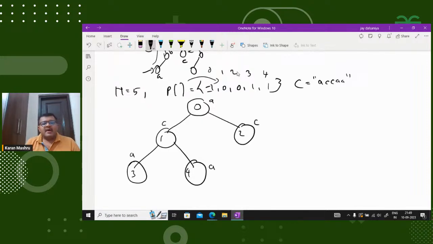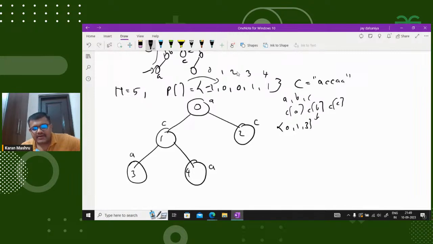Okay. Now we need to find triplets A, B and C such that CA, CB and CC form a palindrome of size 3 and B is on the simple path from A to C. So one of the ways is 0, 1 and 3, because at the 0th node we have A, at the third node we have A, and 1 comes in the simple path from 0 to 3, right?